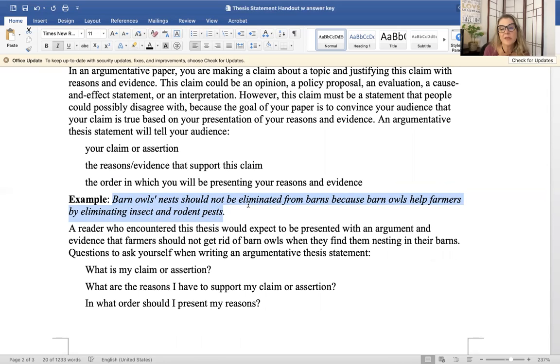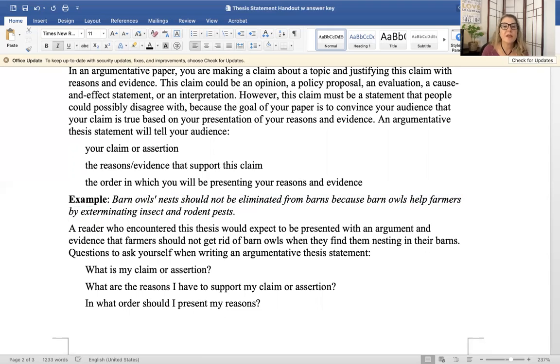I would probably, as a writer, change it to something else, maybe exterminating. Right? So you have different words there. You don't sound as if you're repeating yourself. So: barn owl nests should not be eliminated from barns because barn owls help farmers by exterminating insect and rodent pests.